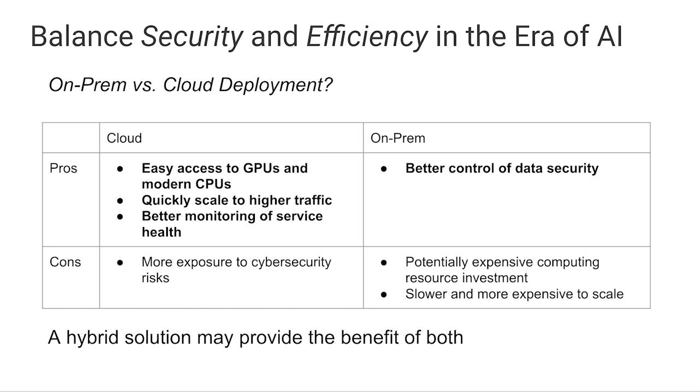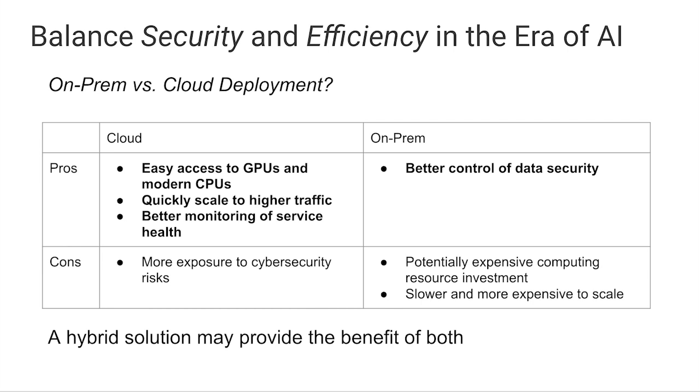These AI apps need access to modern CPUs and GPUs, and in order to get fast and scalable access to this hardware, you probably want to run them in a cloud setting. However, if you put your app on the cloud, there's additional exposure to cybersecurity risks.